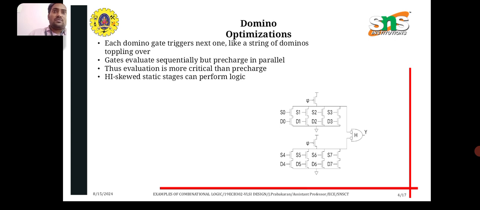The specific technique used will depend on the design goals and constraints of the particular application. Each domino gate triggers the next one like a string of dominoes toppling over. Gates evaluate sequentially but pre-charge in parallel. Thus, evaluation is more critical than pre-charge.